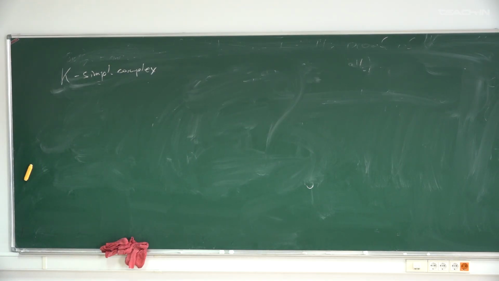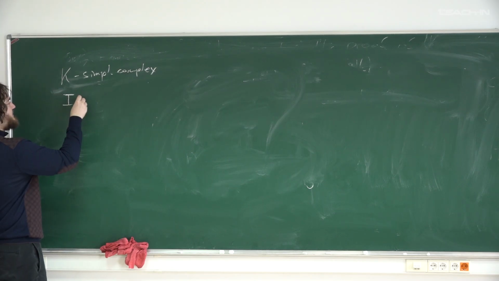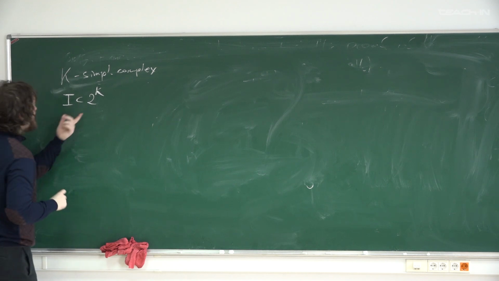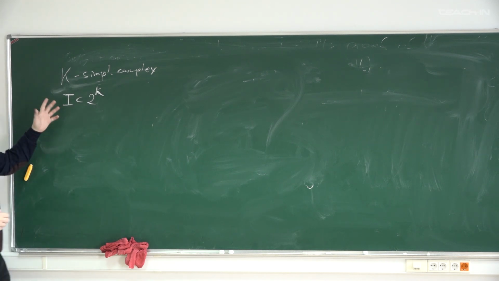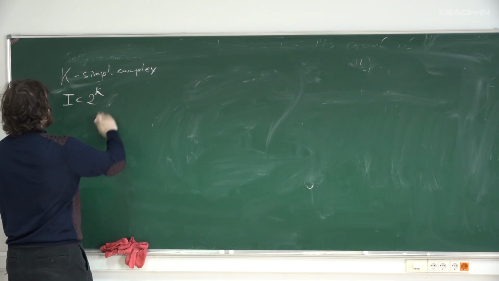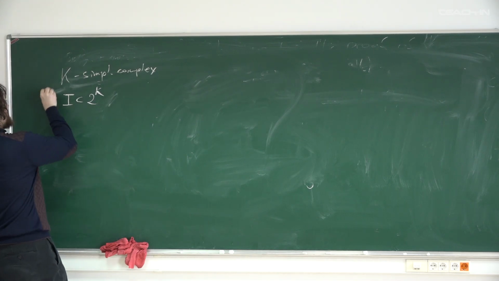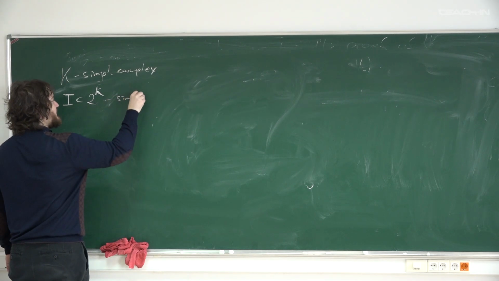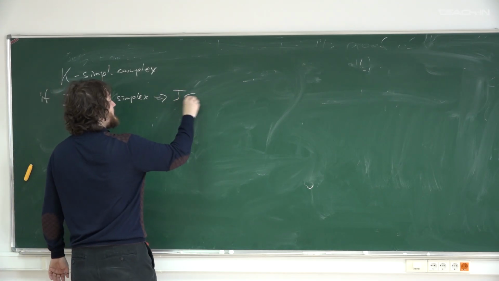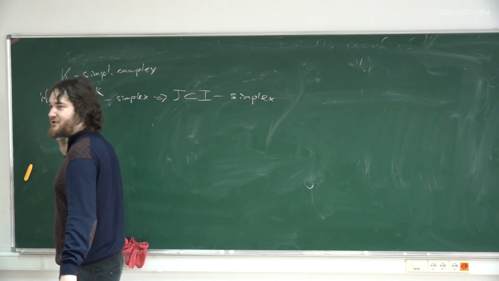It's some set of vertices K and some distinguished subsets of K, which we call simplices of our simplicial complex, such that if a set is a simplex, then any subsimplex of that simplex is also a simplex. Okay, that's the definition of an abstract simplicial complex.